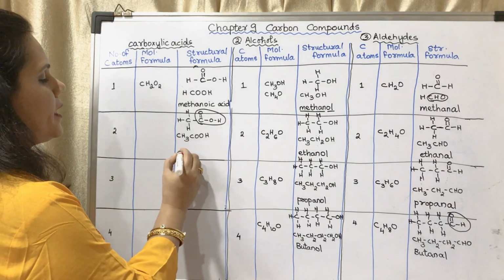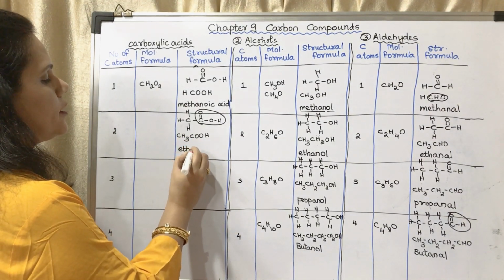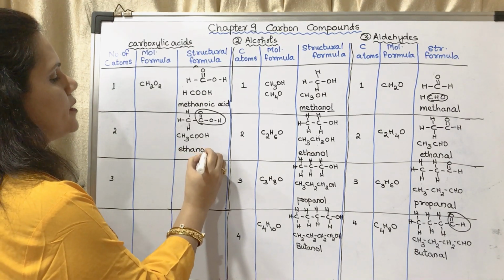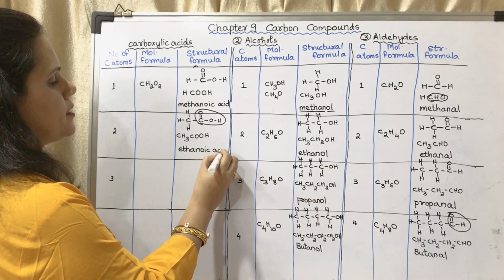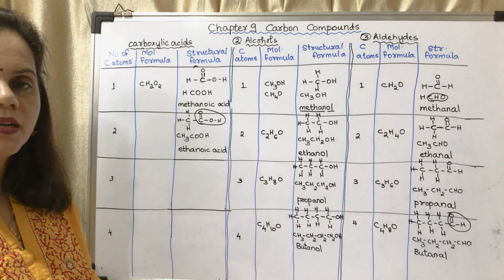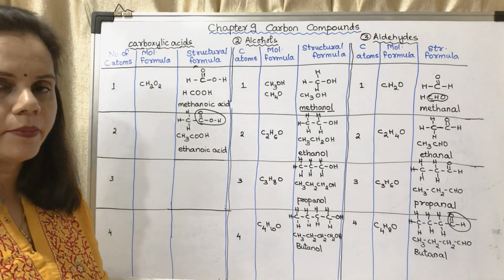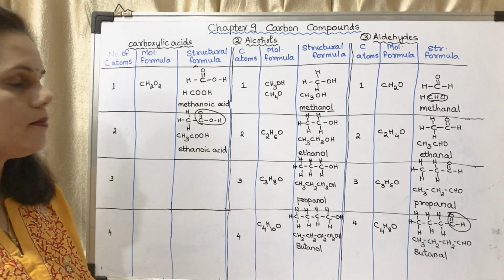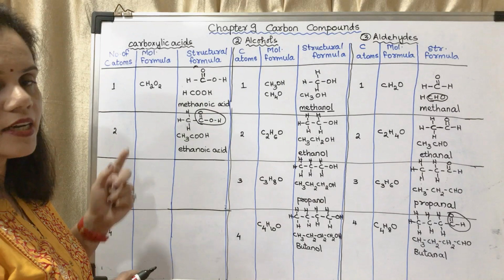CH3COOH. How many carbon atoms? 2. So the name is ethane. Suffix oic acid, that is ethanoic acid. This will be the name of that compound.